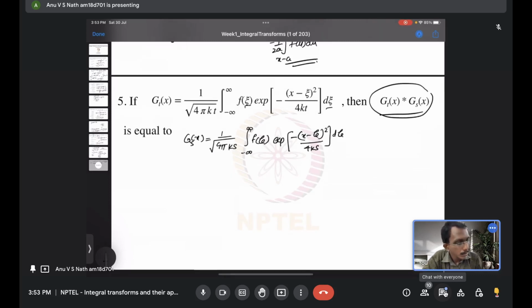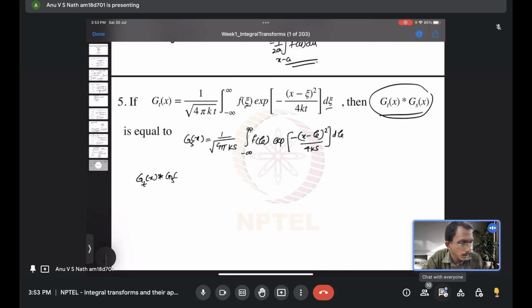Now g_t of x, we are taking convolution with g_s of x. So how will you write that? x is the variable in which we are going to take the convolution. t and s are variables which are not going to appear in the convolution integral expression.